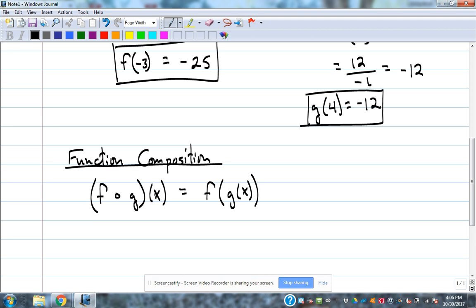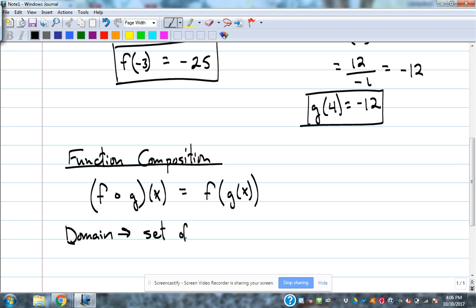Plug the g of x function in for x in the f of x function. So whatever function is listed second, in this case g, goes into the one that's listed first. Okay? Second one into the first one. Okay? And we need to talk about the domain of those because that's an important skill in here.